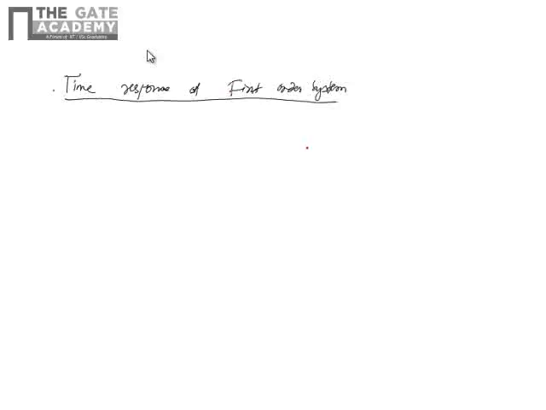Okay, so what is the first order system? We'll see 1 by tau s, and it is a unity feedback system, R(s), C(s), with E(s) as the error.